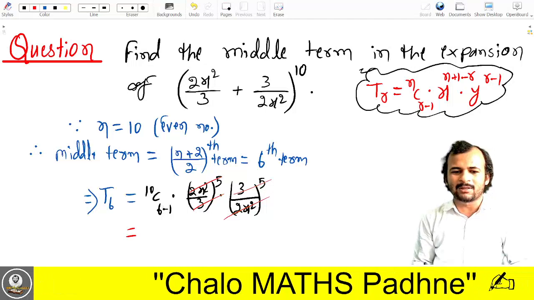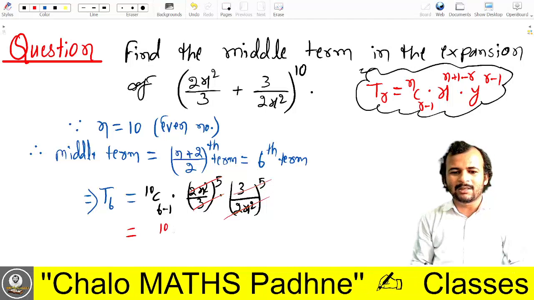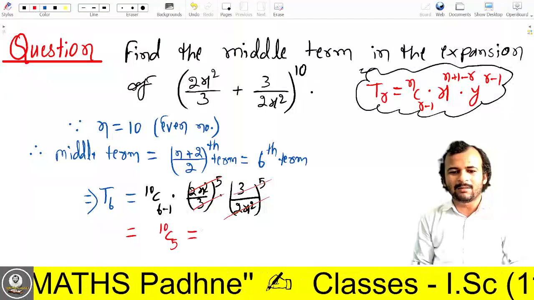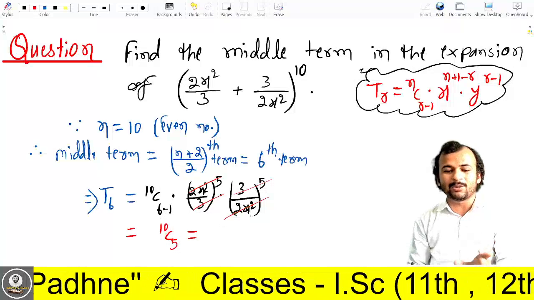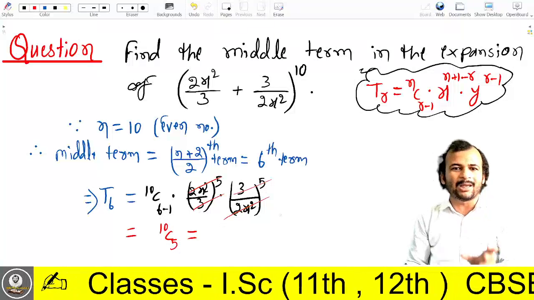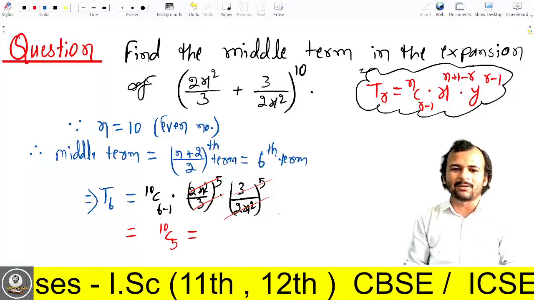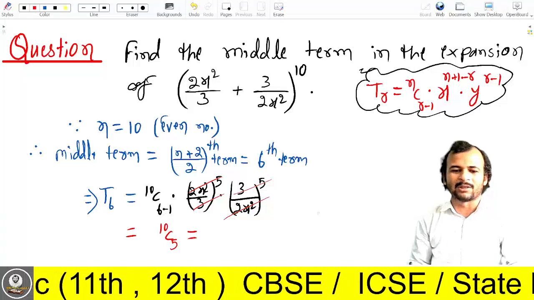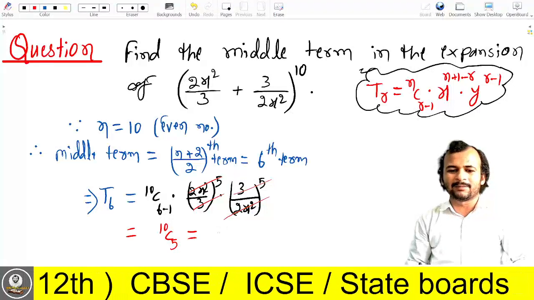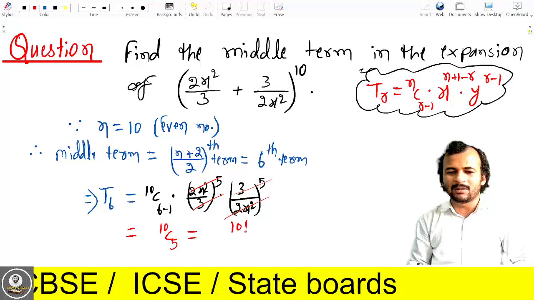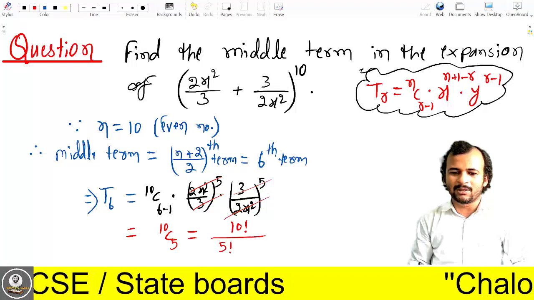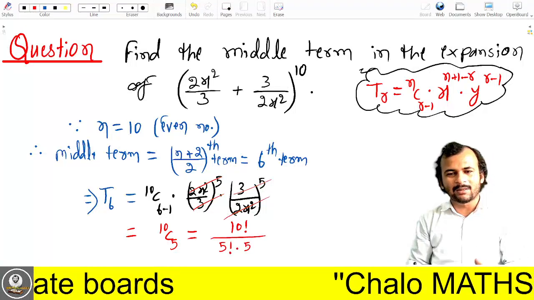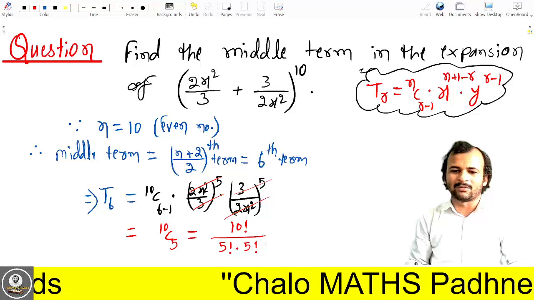Now we solve this and we get here 10C5, and by expanding this we know that nCr equals n factorial by r factorial into (n minus r) factorial. So we write here 10 factorial by 5 factorial into (10 minus 5) factorial, 5 factorial, right?